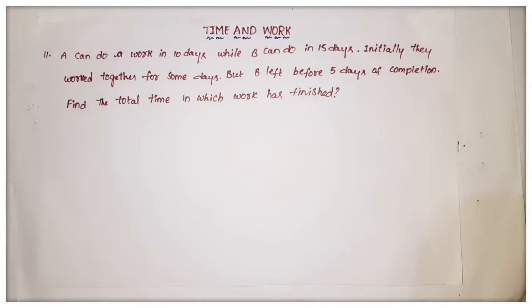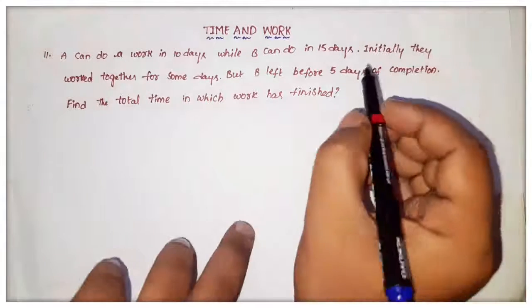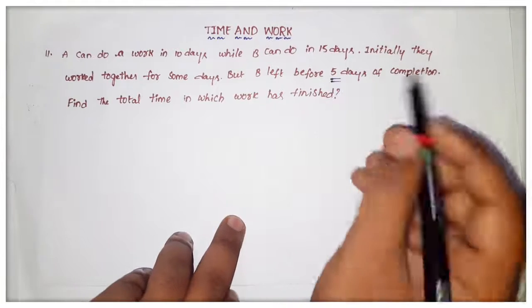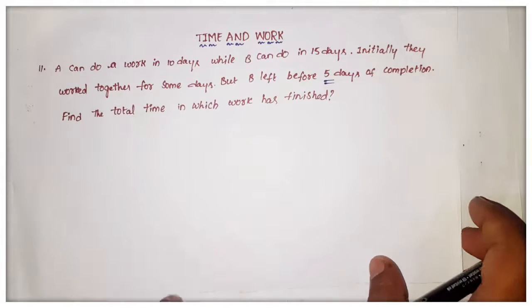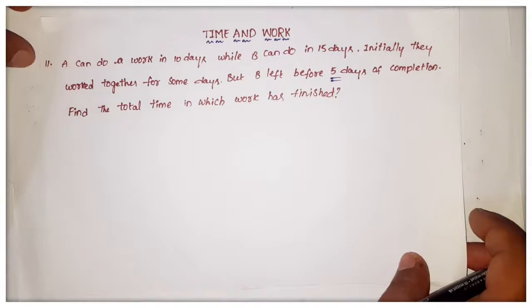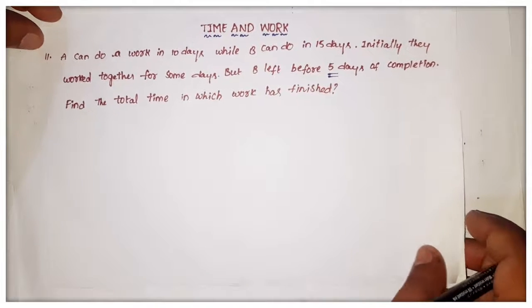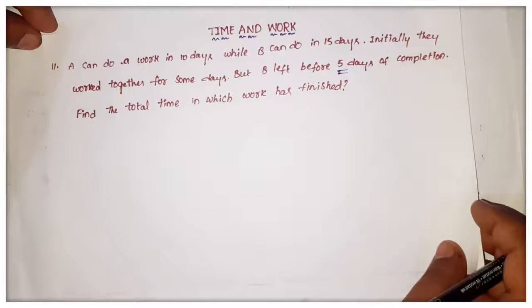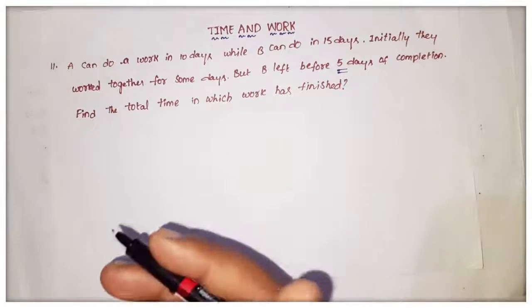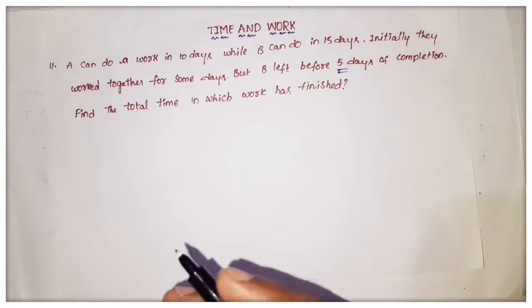Find the total time in which the work was finished. So initially they were working together, and 5 days before completion, B left, and A alone worked for 5 days. If we find out the work done by A plus B together, then we can find out the answer easily.